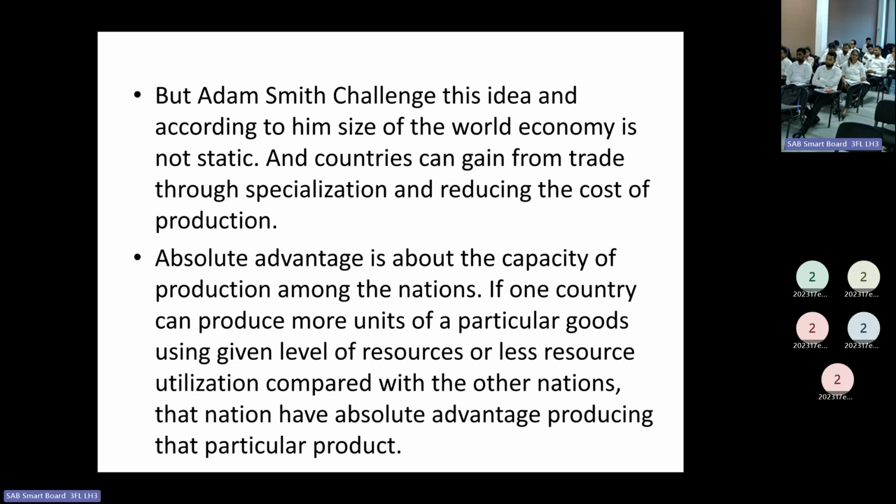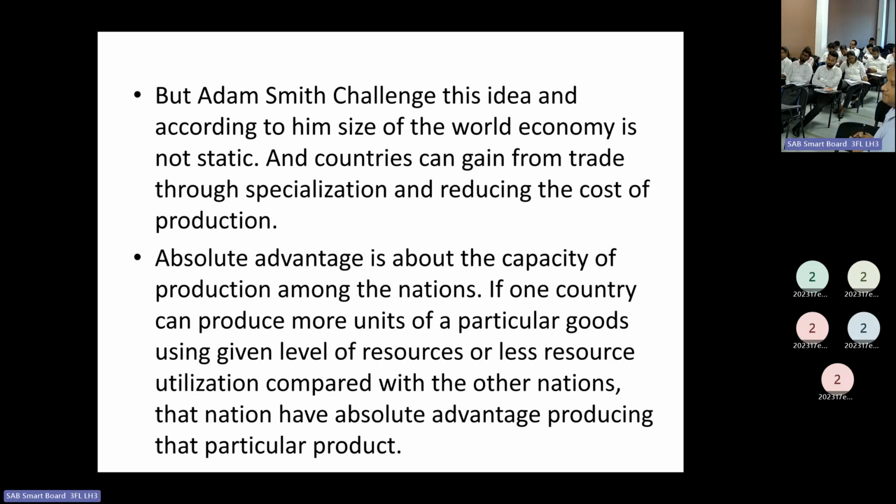So basically, Adam Smith criticized mercantilist ideas. We know that is classical economics. Adam Smith is a classical economist. That classical school has a different ideology, basically developed against mercantilism.